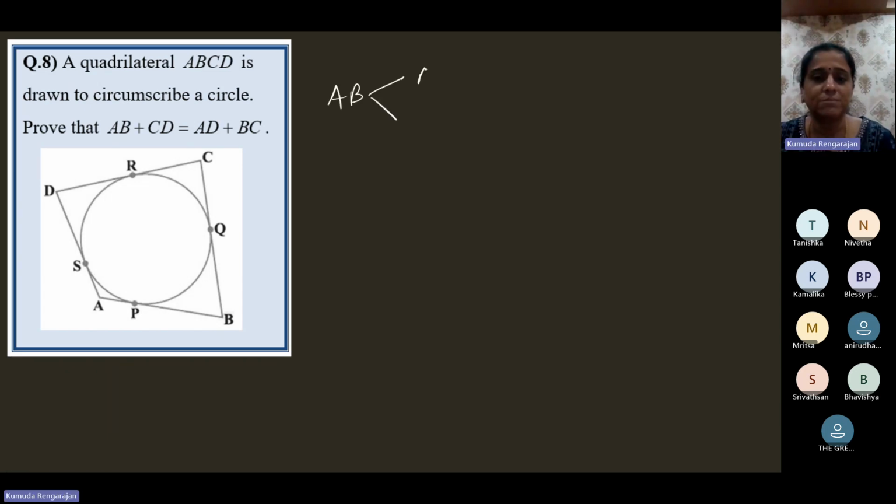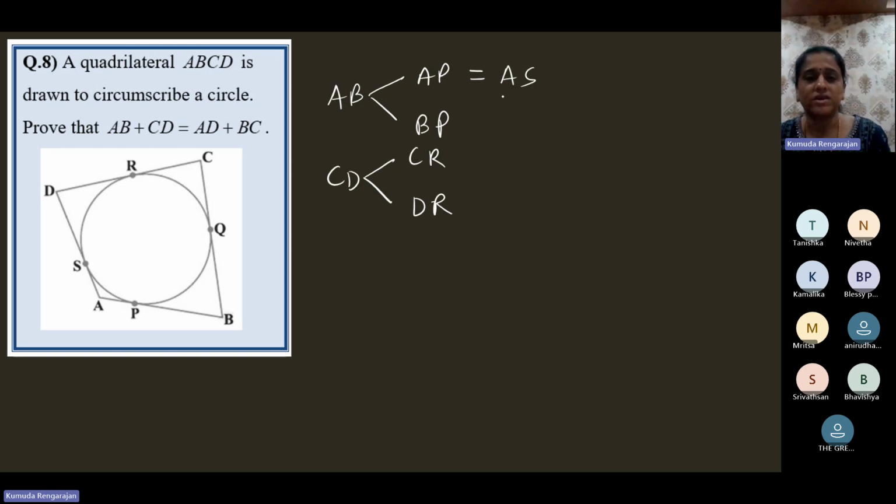What is AB? AP plus BP, and CD is CR plus DR. Now just write it like this. AP is equal to what? AS. BP is equal to BQ. CR is equal to CQ. DR is equal to DS.